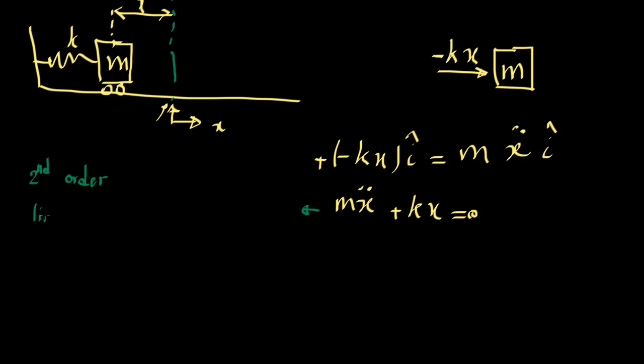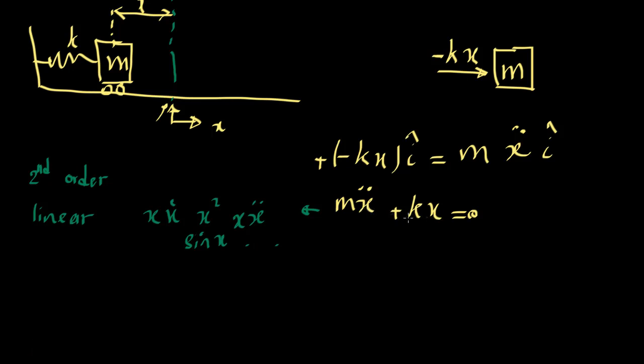It is linear. The equation is linear because we don't have anything such as, for example, x times x double dot, or x squared, the function times itself. We don't have anything like that, or sine x. These are all the terms that, for example, make an equation nonlinear.